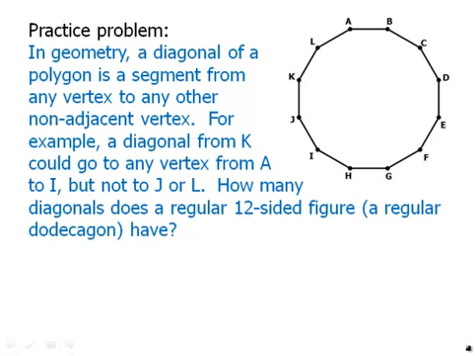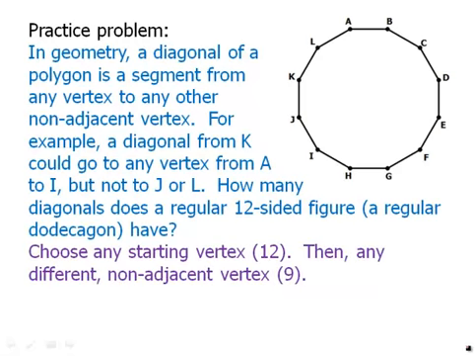Well, let's think about this. We could start at any vertex. That's our starting vertex. From that vertex, we could go to any non-adjacent vertex. A non-adjacent vertex would be not the same vertex and not either one right next to it. So those 3 are eliminated, and there are 9 other vertices that are non-adjacent.